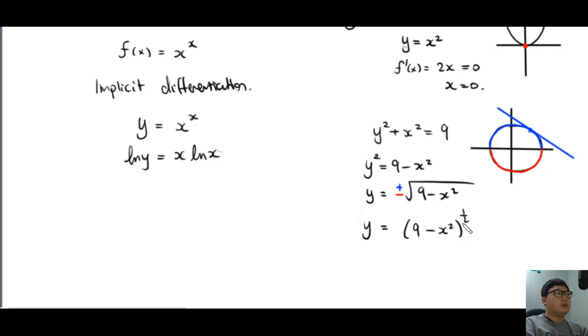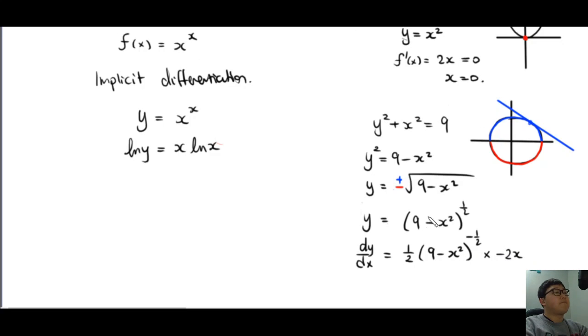In this case, of course, this is now an explicit expression: y is on one side, everything else is on the other side. So you have dy/dx, the derivative: half comes out to the front, 9 minus x squared, and then you subtract 1 from the power, so you get negative half, and then you have to multiply by the differentiation of the bracket by the chain rule, so it's negative 2x, right?